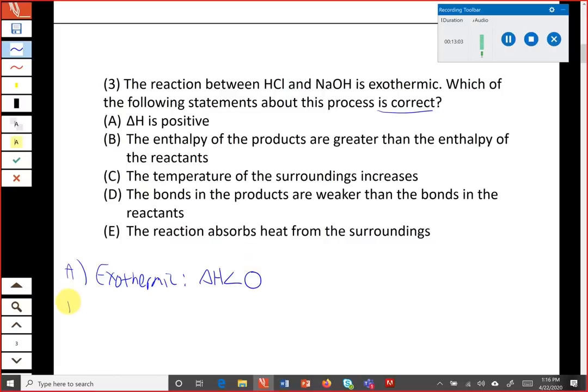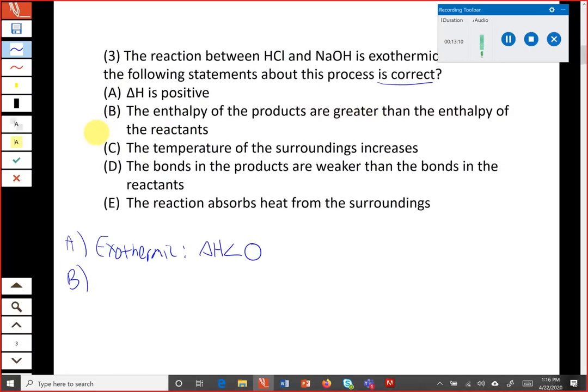If we look at B here, for this one, the enthalpy of the products are greater than the enthalpy of the reactants. So to think about how this one works, basically remember that delta always means final minus initial. And in the context of a chemical equation, that means products minus reactants. Products is the final state that you would have in a chemical reaction. Reactants would be the initial state. So if we're talking about delta H, it's going to be the enthalpy H of the products minus the enthalpy of the reactants.